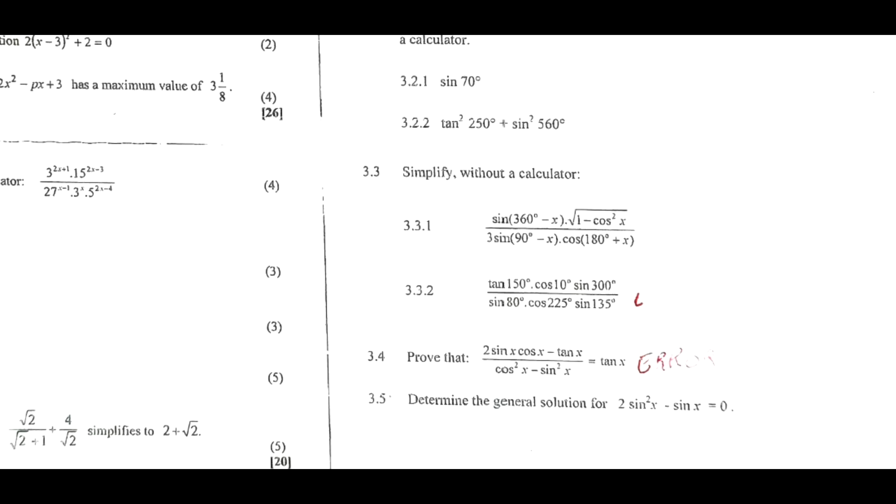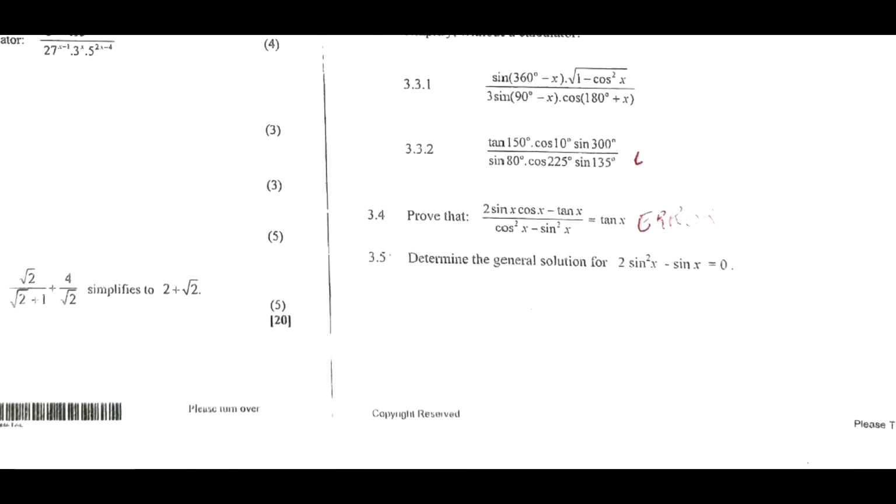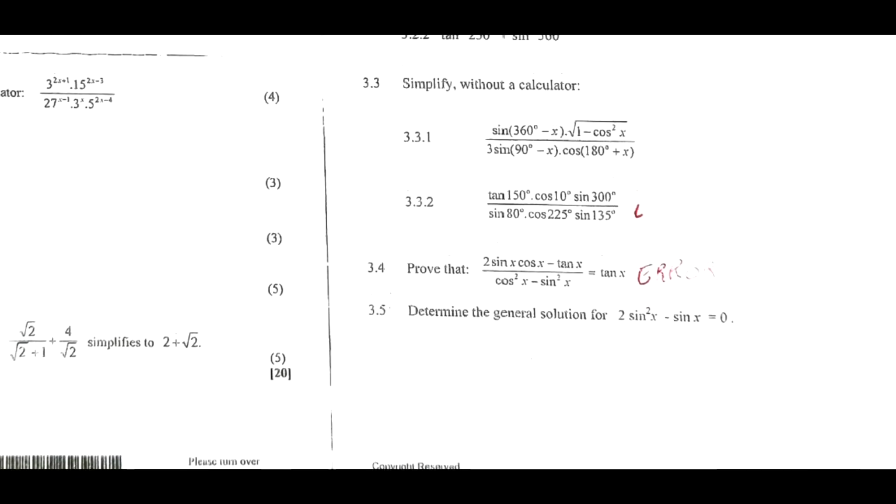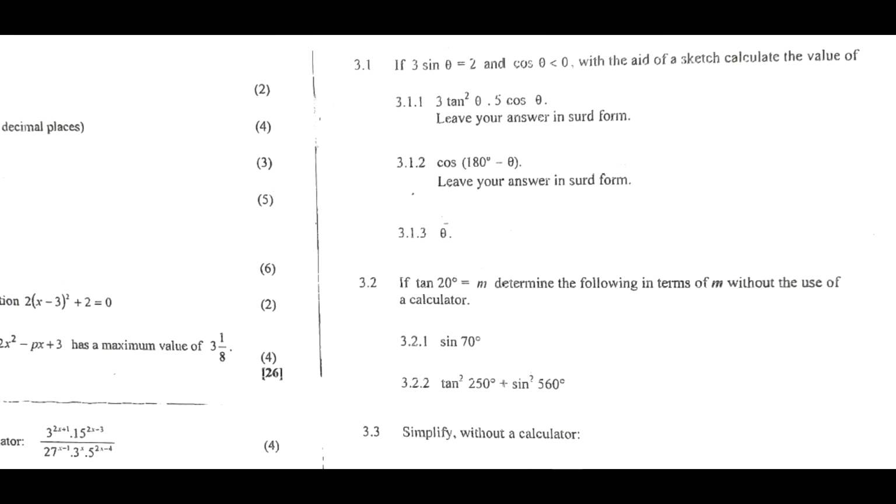As you can see, it is written error, which means there is an error in this proving, in 3.4. Then we've got 3.5, where we need to determine the general solution for 2 sin²x - sin x = 0. Then 3.5 is our last problem to do in this question paper.